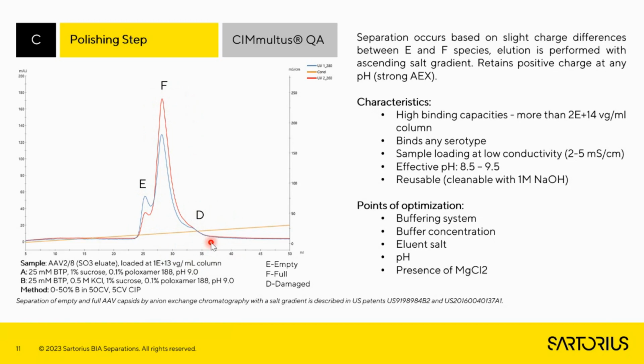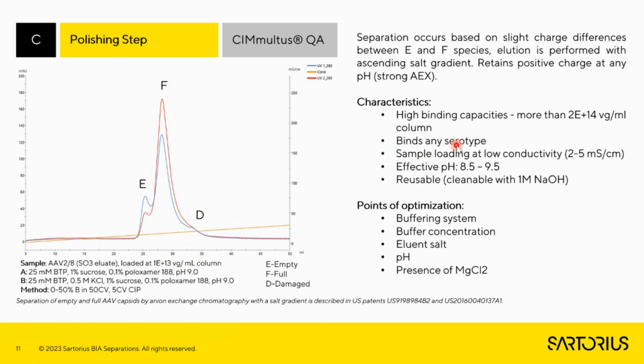What are the properties of the QA? It supports high binding capacities, usually more than 2E14 vector genomes per milliliter, and the sample that we're using here was 30% full capsid. So if we express this in total particles, we are usually at around 6E14, and in some cases even 1E15 particles per milliliter is seen as a capacity for the QA.